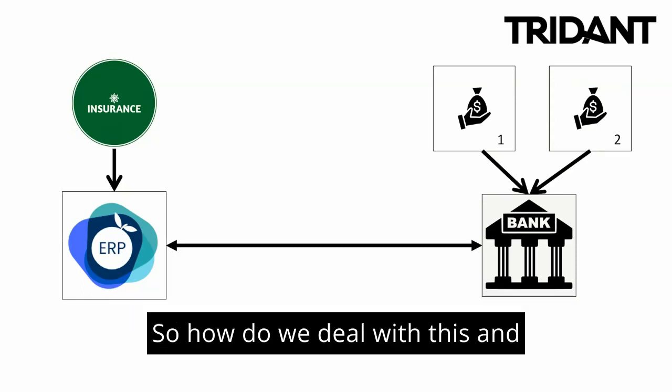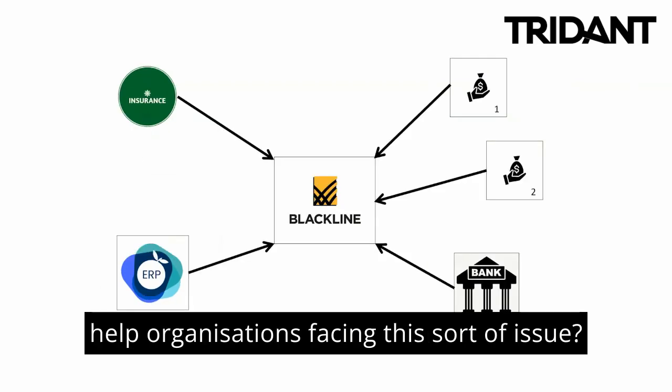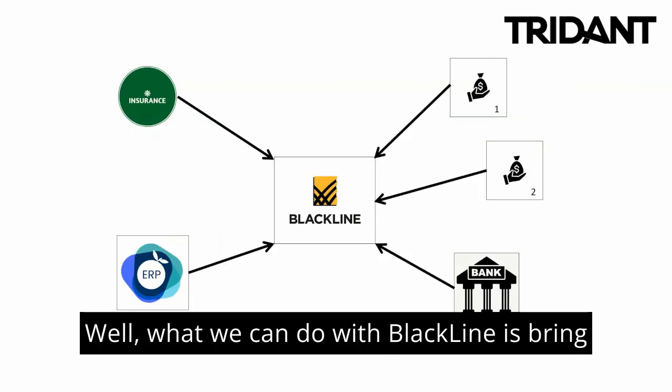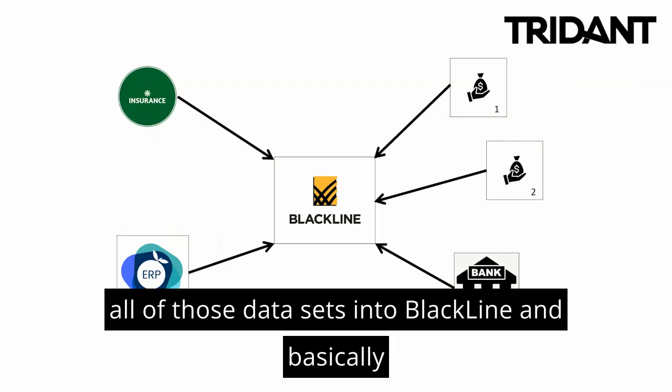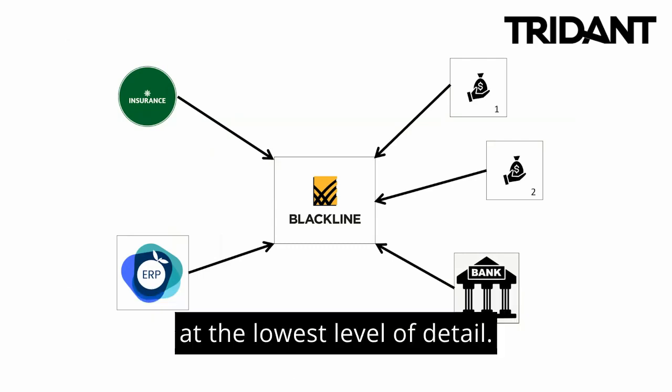So how do we deal with this and help organizations facing this sort of issue? Well, what we can do with BlackLine is bring all of those data sets into BlackLine, ensure everything agrees, and then match at the lowest level of detail.